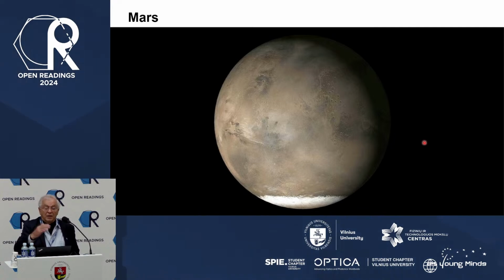Basically the water either froze and went below the surface, or because it didn't have an ozone layer, bombardment by the sun broke the H2O into hydrogen and oxygen. The hydrogen is very light, it escaped the atmosphere, and the oxygen is what oxidized the surface of Mars. That's why Mars looks red, because there is a lot of rust on the surface.